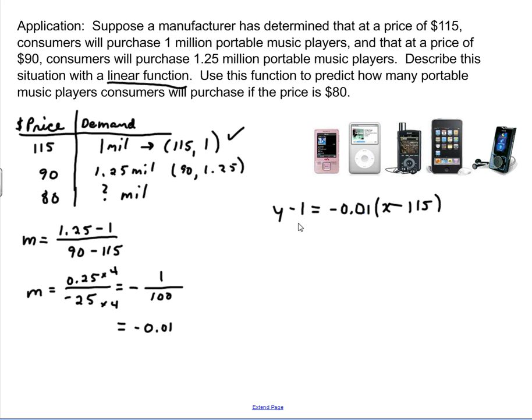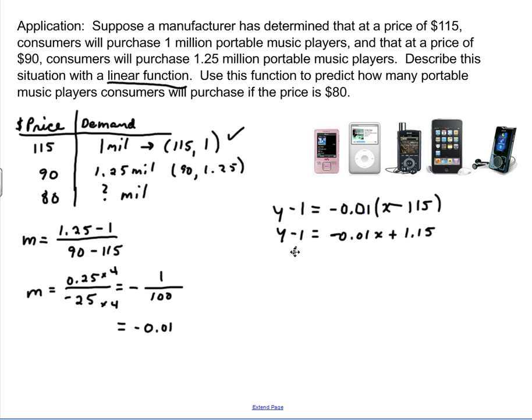All right, let's do a little distributive property right here. Of course, y minus 1 then will equal negative 0.01 times x. And then taking negative times a negative, that's going to give us a plus 0.01 times 115, which gives us the same thing as 1.15, just shifting that decimal over twice.